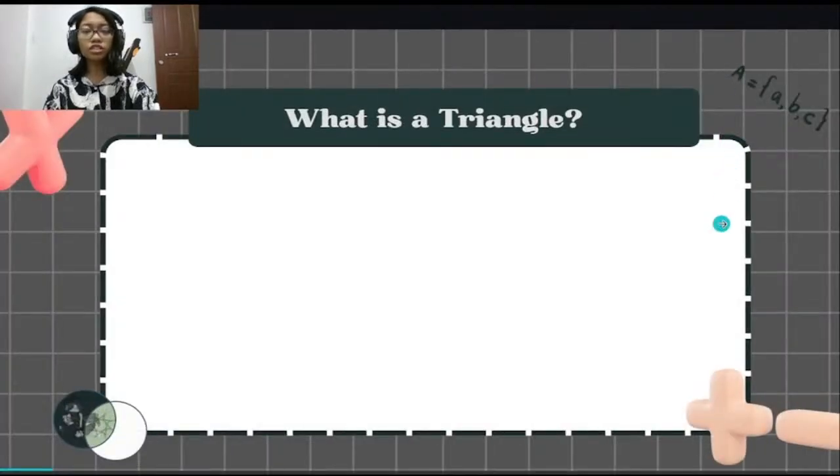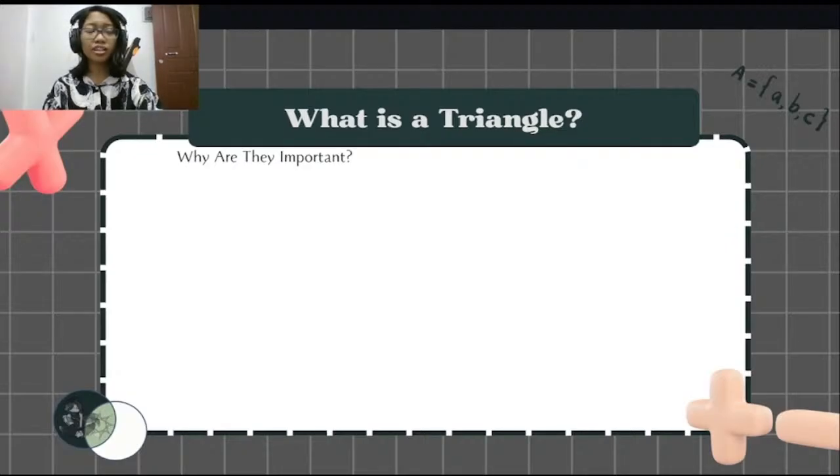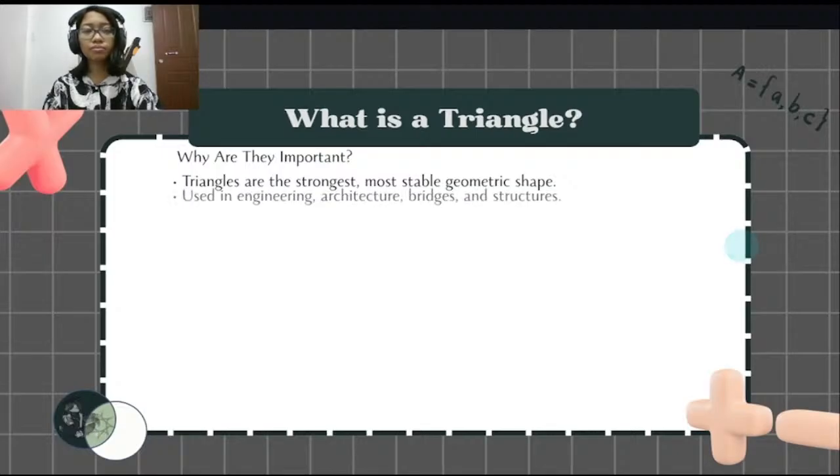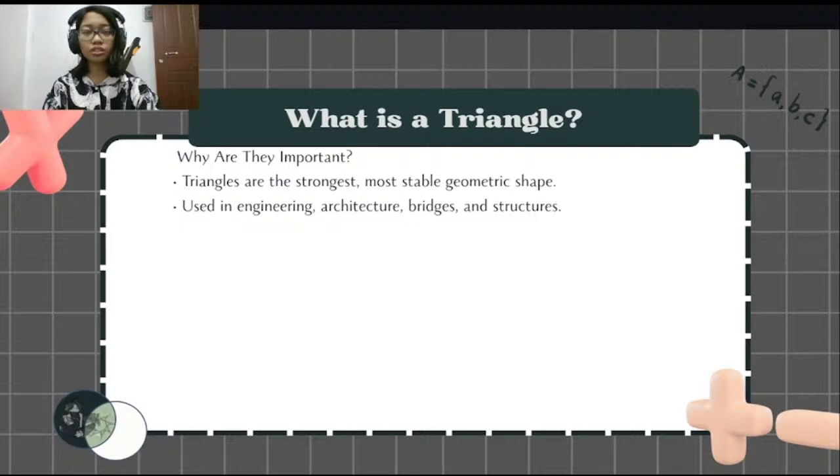What is a triangle? And why are they important? Because triangles are the strongest, most stable geometric shape used in engineering, architecture, bridges, and structures.